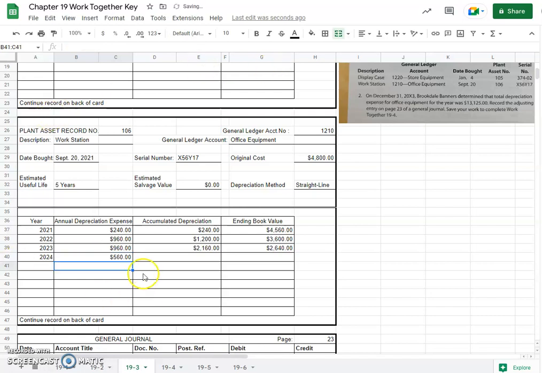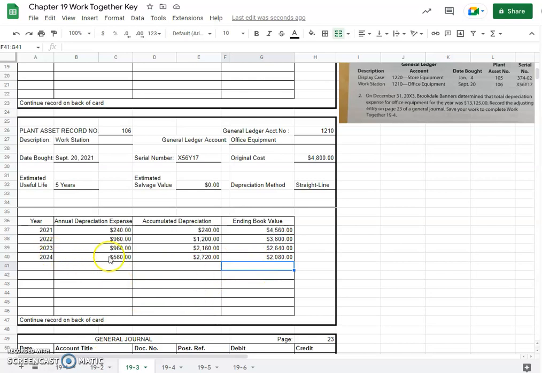And we would get $560 to depreciate before we dispose of this asset or sell it. So our new accumulated depreciation would add that $560. And then our ending book value would be the previous year's book value minus our depreciation expense there. So 2,080 left.